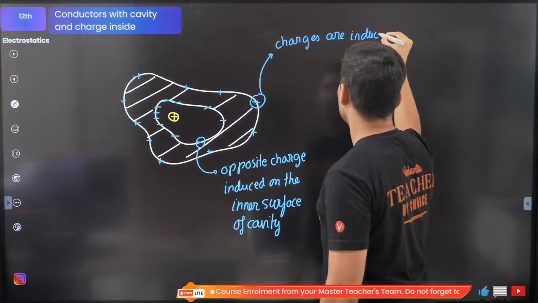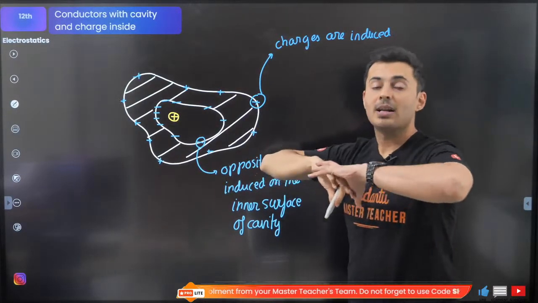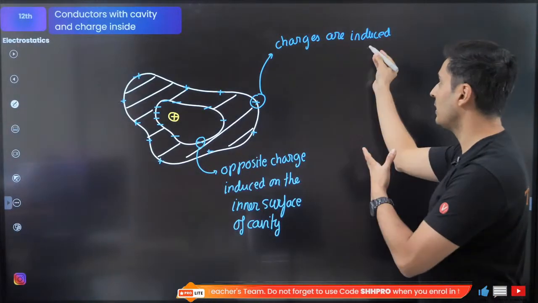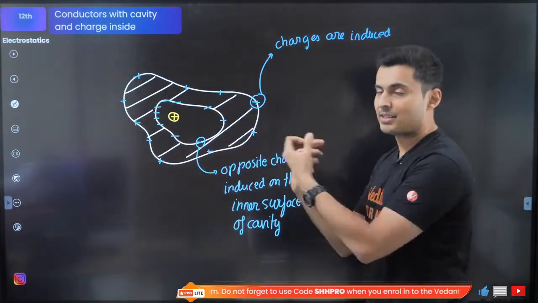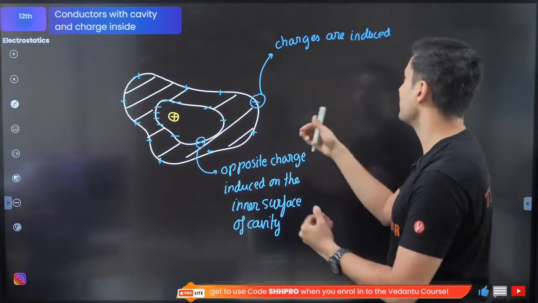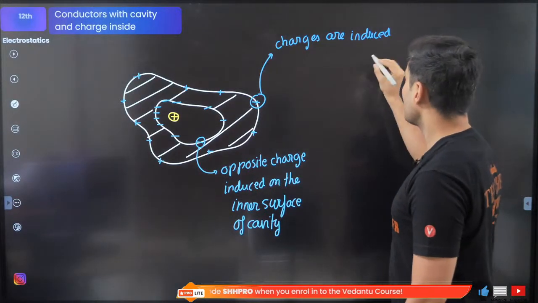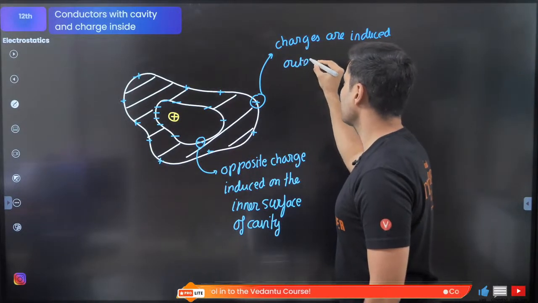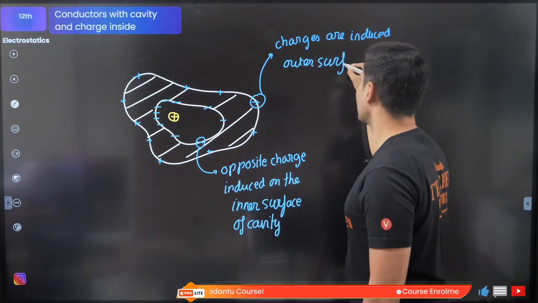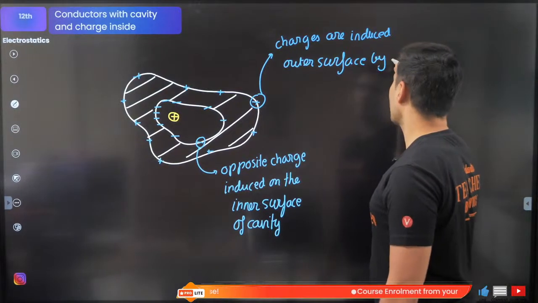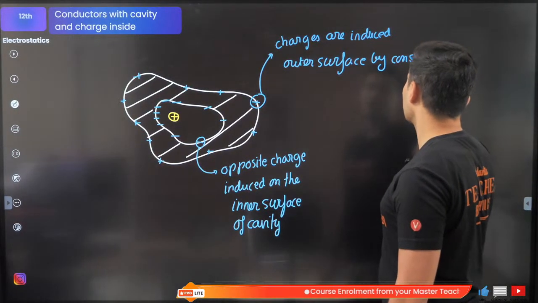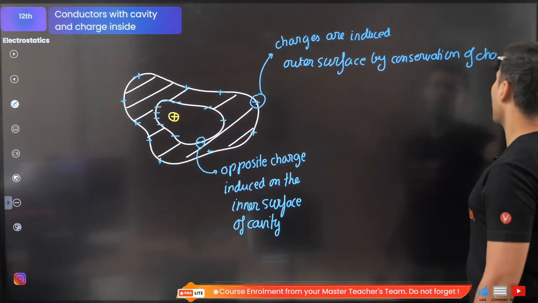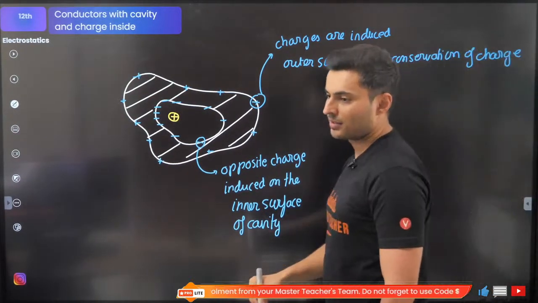These are not actual charges. These have come because of the motion of the charges within the body of the conductor. That's why they are called induced. It has happened because of some external phenomena. It has induced inside that particular solid. Charges are induced on the outer surface by the conservation of charge principle. This is how it works.